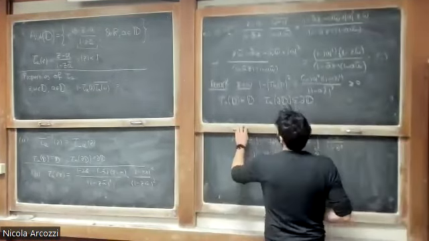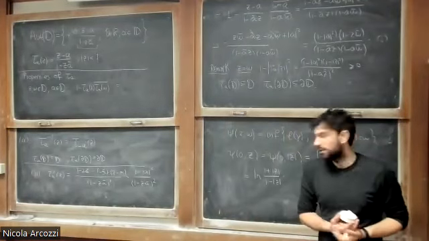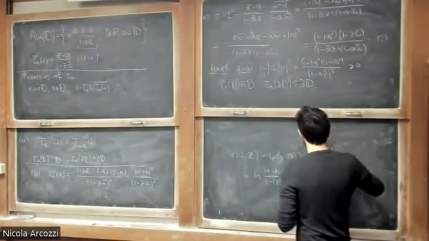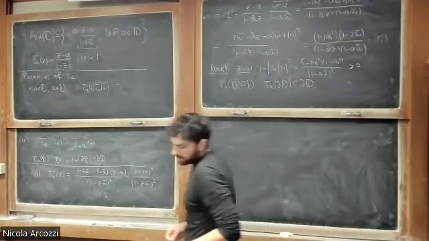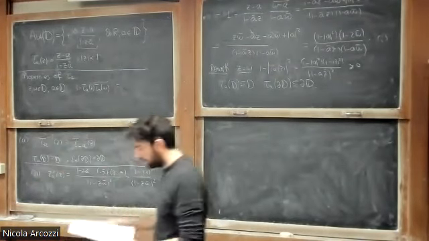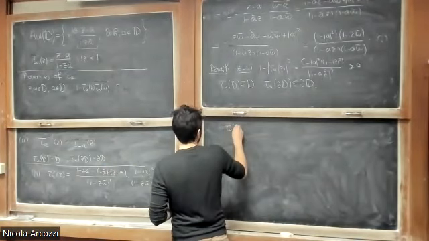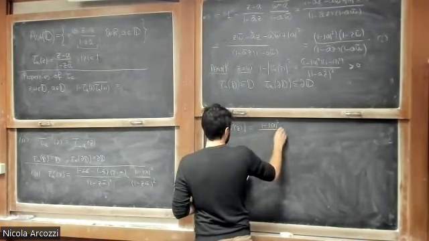In particular, this will show that these transformations are isometries for the hyperbolic space, because the modulus of the derivative is this.